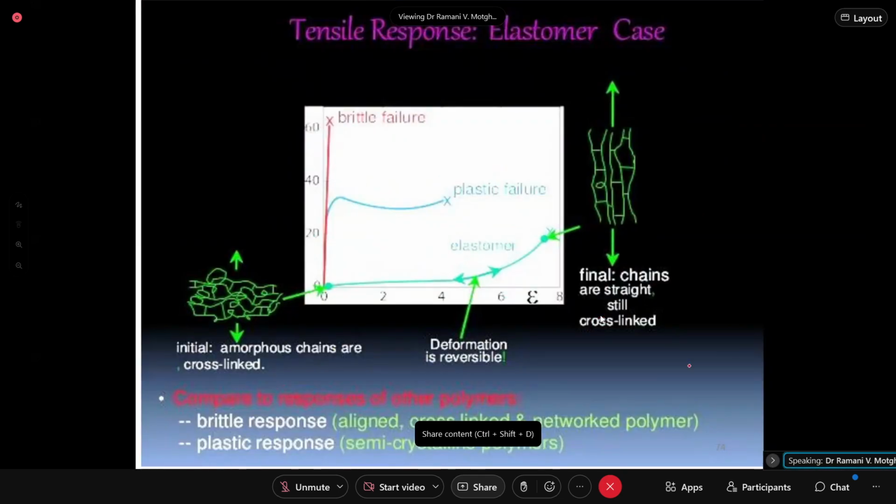Then tensile response, elastomer case. Elastomers, as I told you, I had explained in a small diagram, this is your elastomer, rubbery polymer. For a very small application of stress, this is the stress part, you are getting a huge change in strain.